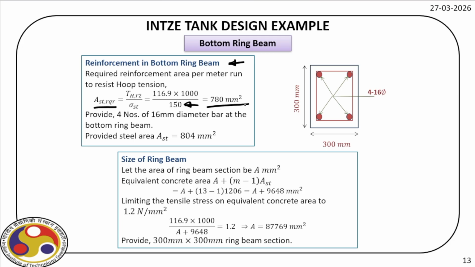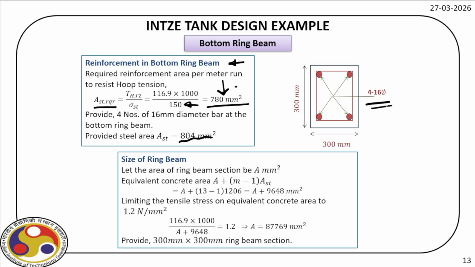So the steel required is 780 millimeter square. What we can do, we can provide 4 numbers of 16 diameter bar, and the total Ast provided is 804 millimeter square, which is more than the steel required.